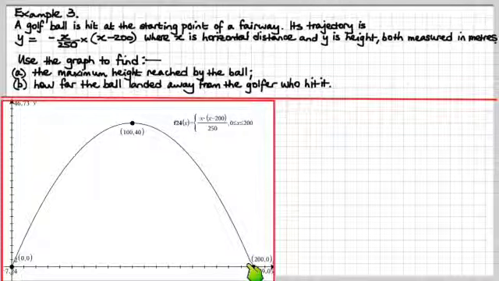This point here is x is 200 and y is 0. This point here, it looks like the middle of the symmetrical parabola, because parabolas are always symmetrical. And the point of symmetry is always the highest or lowest point, whichever it may be, based on the shape of the parabola. Therefore, that's 100 and that's 40 high.